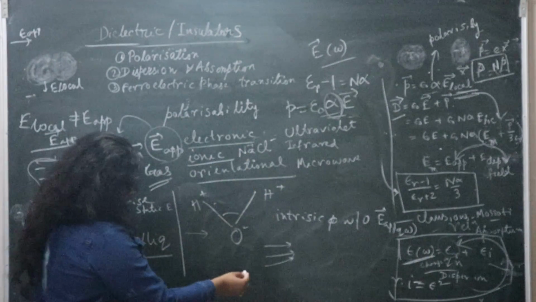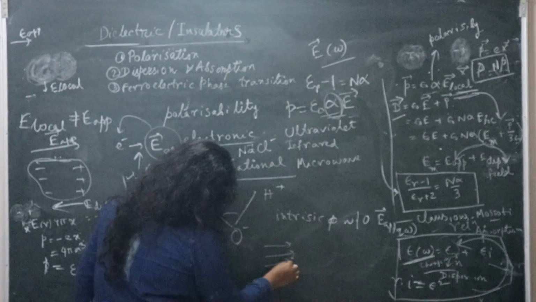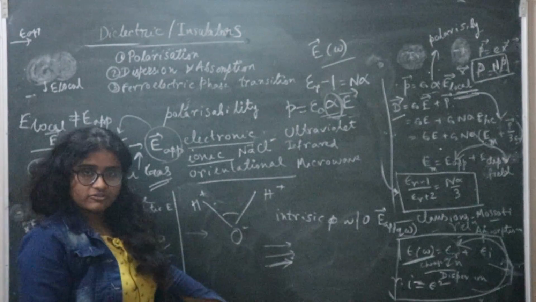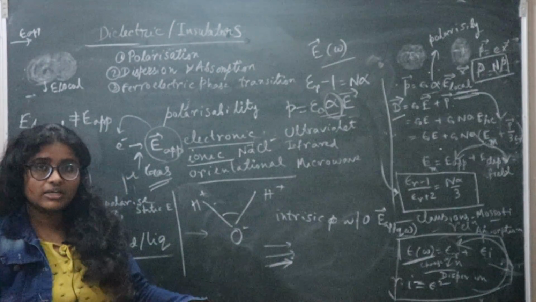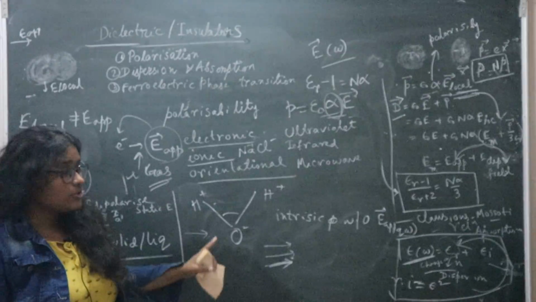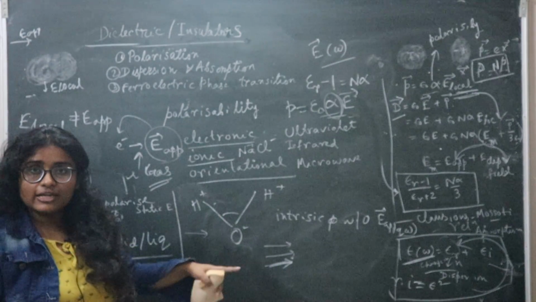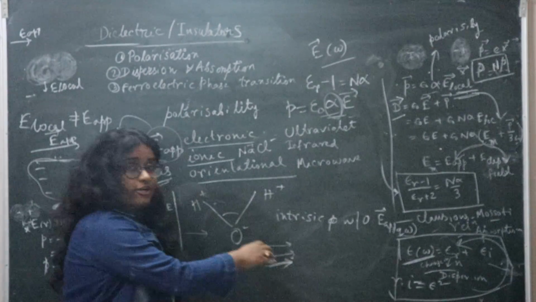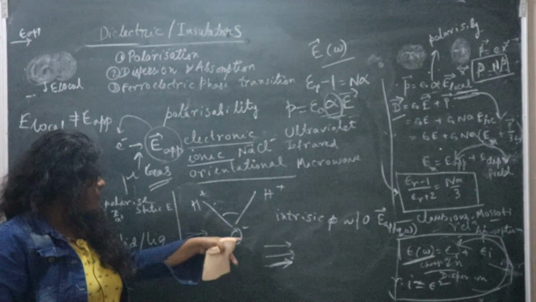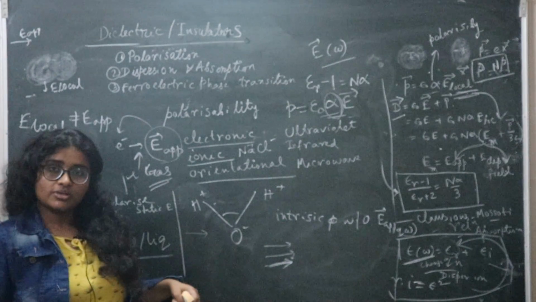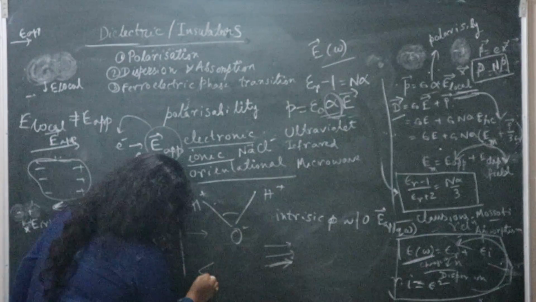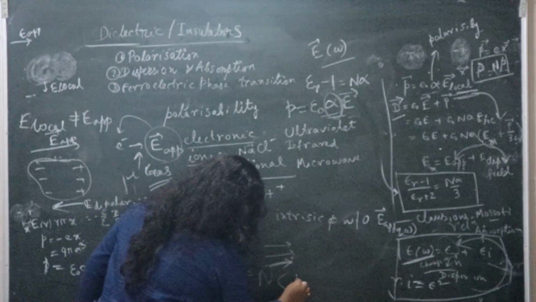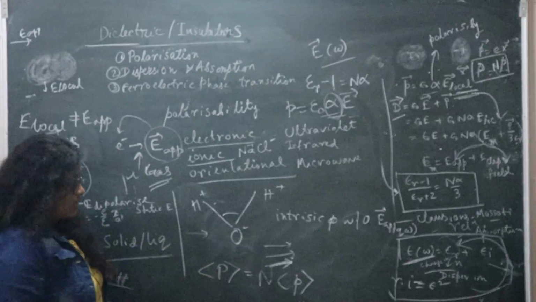Now with the orientation of the dipoles in the applied electric field, there is another thing, that is the thermal energy within the material, which will try to de-align the alignment. It will oppose the alignment of the dipoles. So the polarization P average will be a statistical average of dipoles, and it will be temperature dependent.